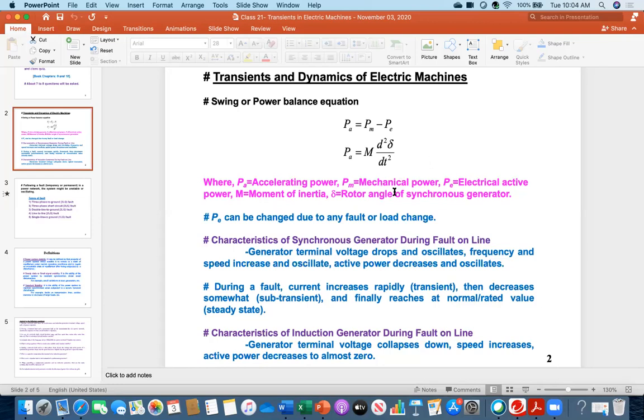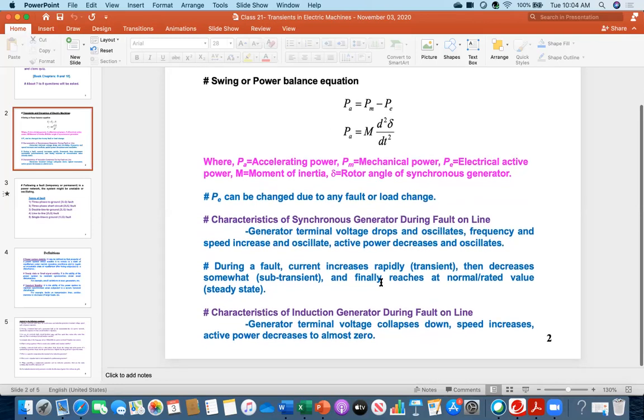So anyway, I said that P_E can be changed due to any fault or load change. That thing I explained to you. Now, based on this, everybody see two things. That generator could be the synchronous generator that I just explained. So what should be the characteristics of the synchronous generator during a fault on the line?